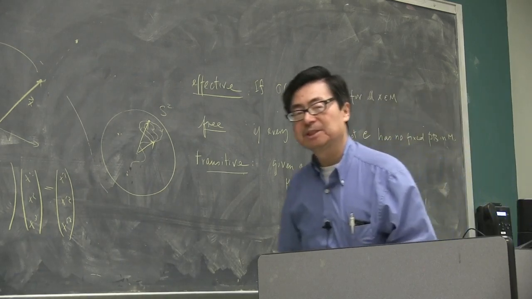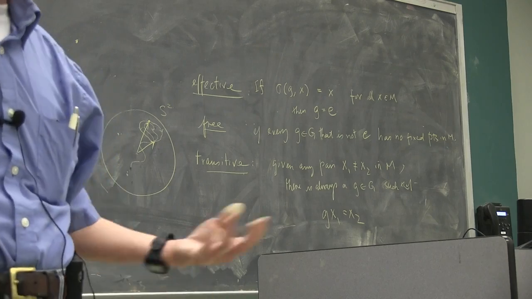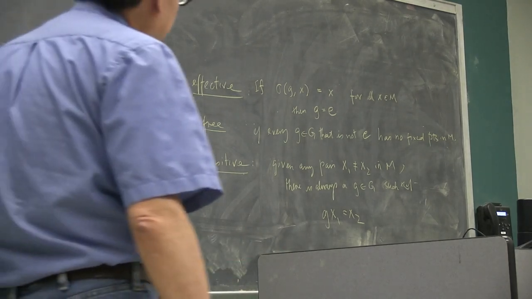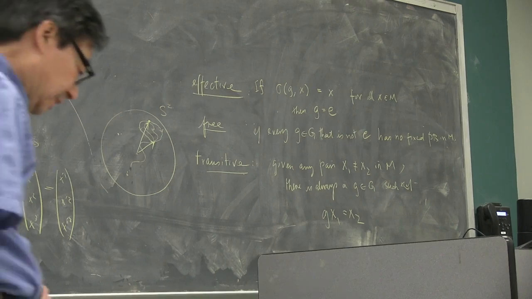Given any pair of points in M, there's always some g that takes you from one point to the other. If the group action satisfies that, then the group action is said to be transitive.